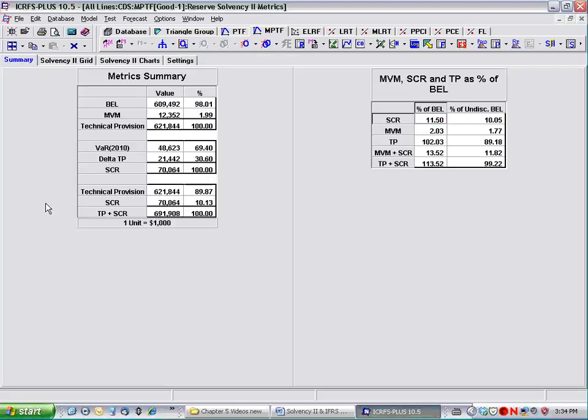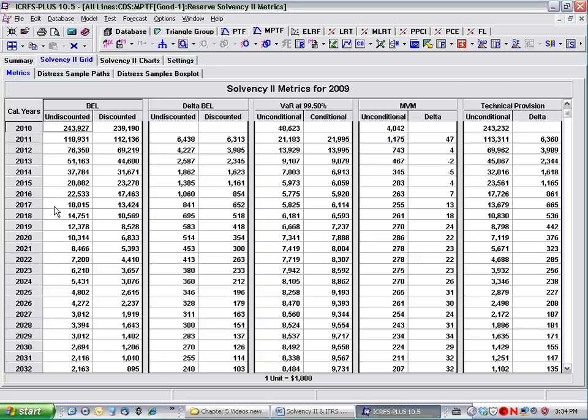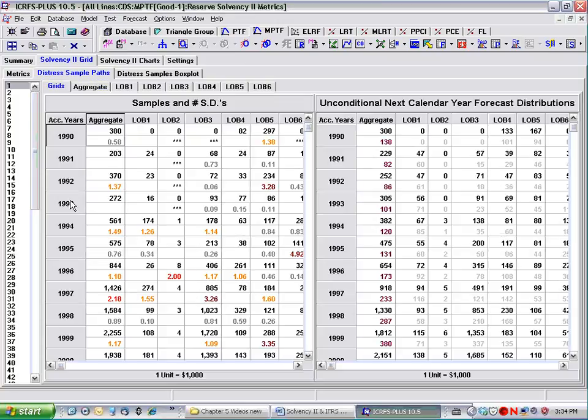So now let's look at the Solvency II grid again. We've got our barrels under standard, discount, and we've got the unconditional VaRs, the conditional VaRs, and so on. Let's look at the stress sample path. I don't know that these tables are really all that useful, but for instance, let's look at sample.